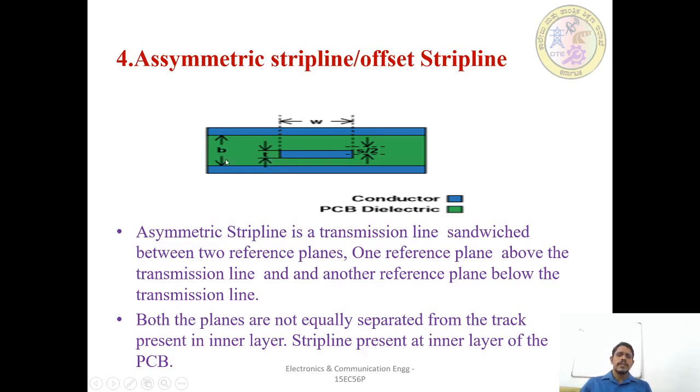B represents the separation between the power planes. An asymmetric strip line is a transmission line sandwiched between two reference planes, one above the transmission line and another below it. Both planes are not equally separated from the track present in the inner layer. Strip line is present at the inner layer of the PCB.